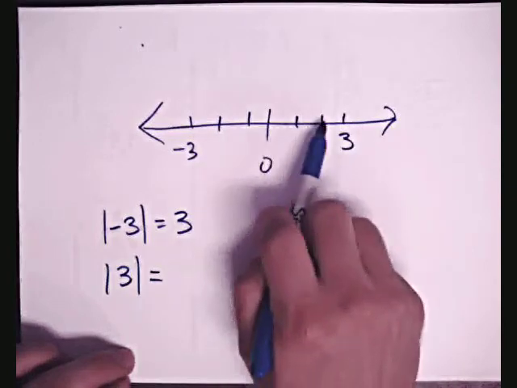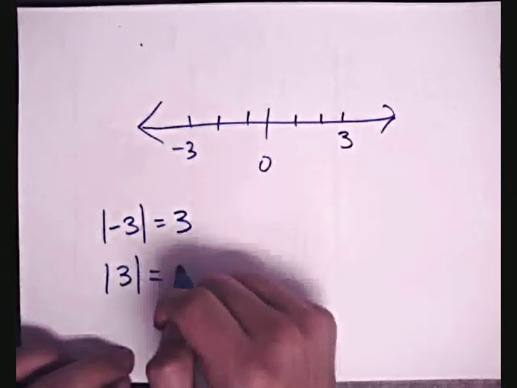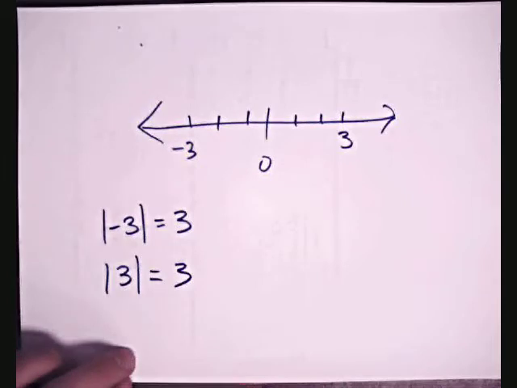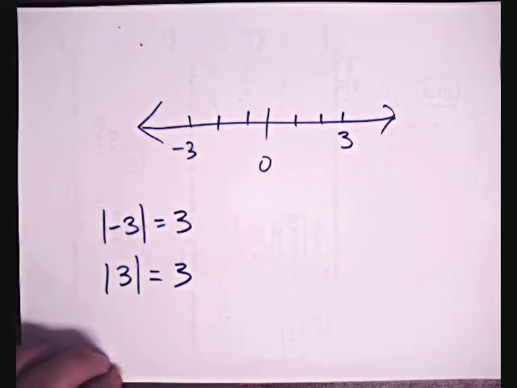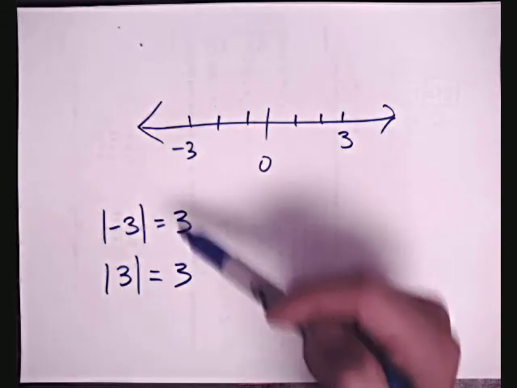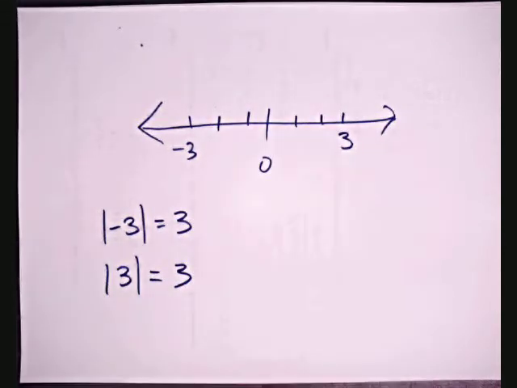Well, it's 1, 2, 3 units to the right, but again, 3 total units, so we'd say 3. Okay, so absolute value always refers to distance from 0 on a number line. The shortcut is that absolute value will result in a positive value every time.